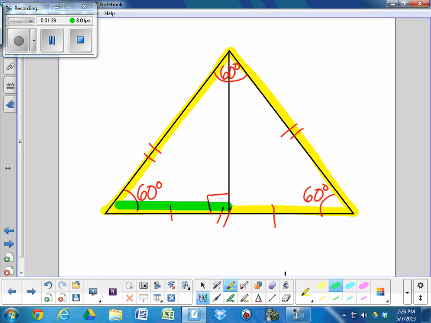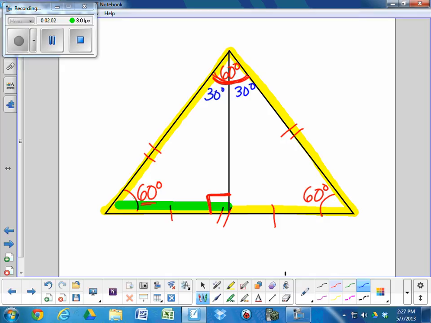It's half of that. Remember that. Now, the fact that it was a perpendicular bisector means that we have a 90-degree angle here, a 60-degree angle here, and then what does that bisector do to this angle up top? It also bisects it so that each angle is 30 degrees.